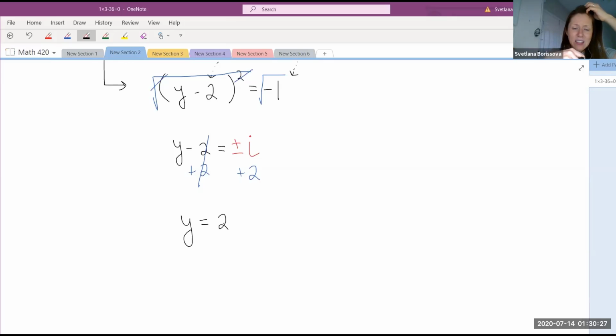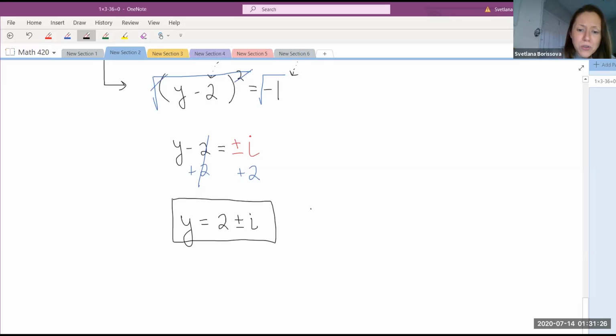This is not our first example with solutions that are complex numbers, but at that point I forgot to mention that quadratic equations can have solutions that are complex numbers. And here's another example. Remember, complex numbers have a special form, and in standard form we write the real number first, and then we put the imaginary part. So I put 2 plus or minus I.